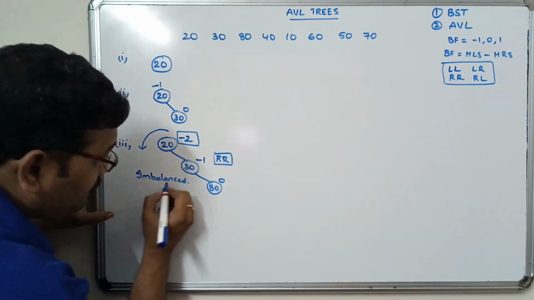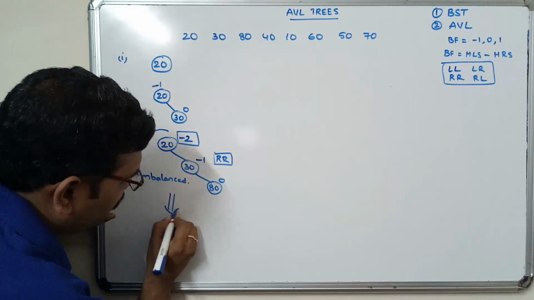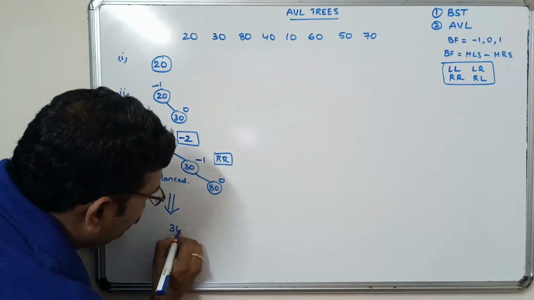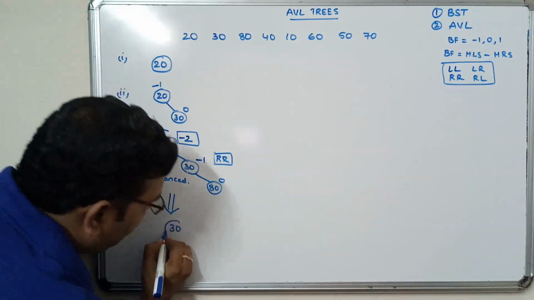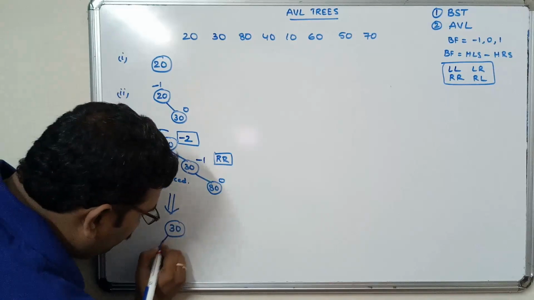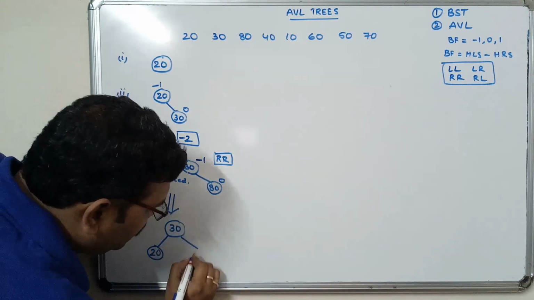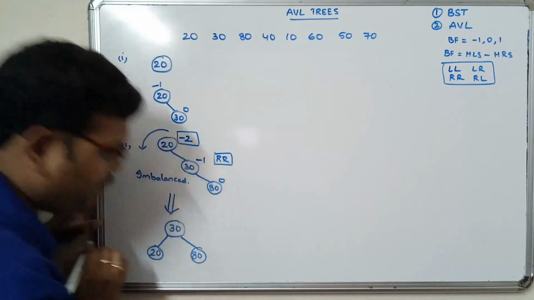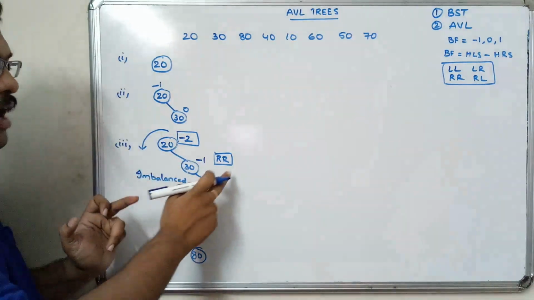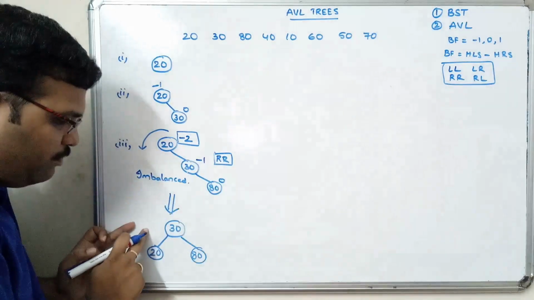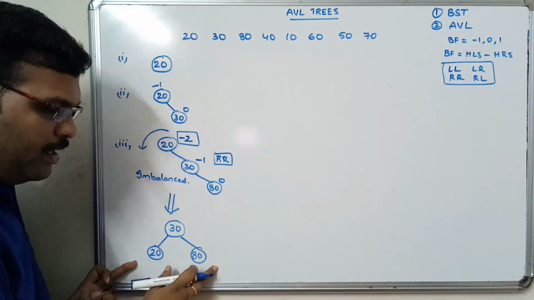After rotating, 30 will be moved here, 20 will be moved towards the left, and 80 will be moved towards the right. So after applying the RR rotation, we will get this result.